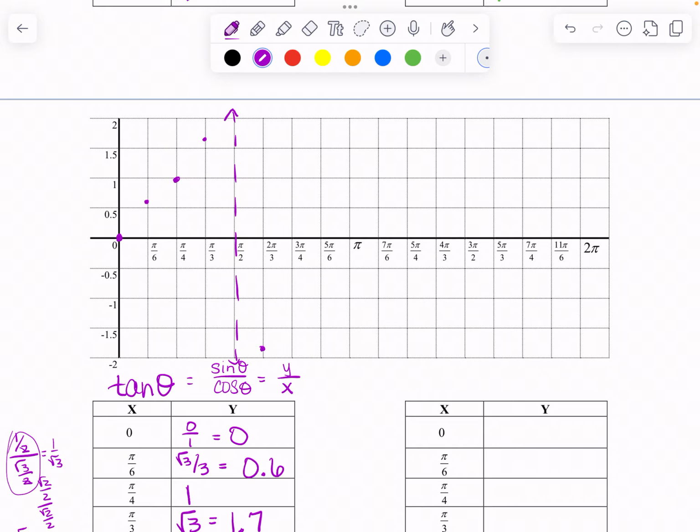Negative 1. Negative 0.6. 0 at pi. 0.6. 1. 1.7. 3 pi over 2 is undefined.